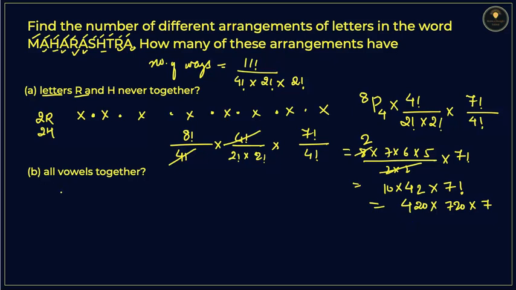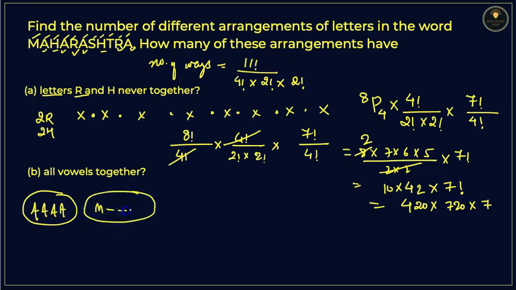Now the second condition is that all vowels are together. If you look at the vowels, there are a total of 4 vowels, and all 4 vowels are A only. So I will make a group of all the 4 vowels as A, and the rest of the 7 letters will come here.